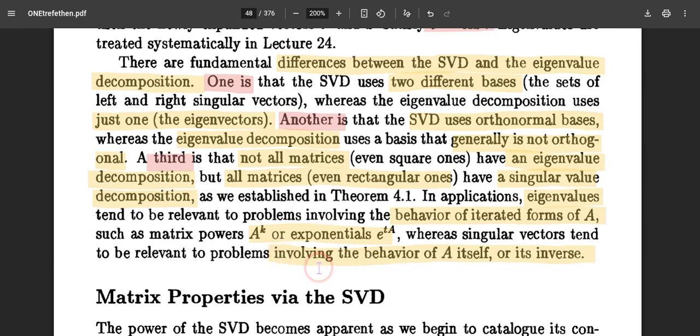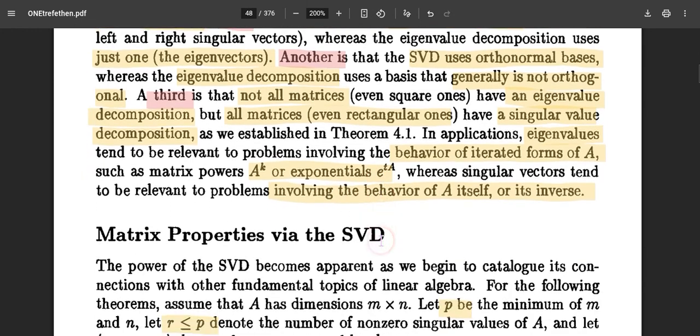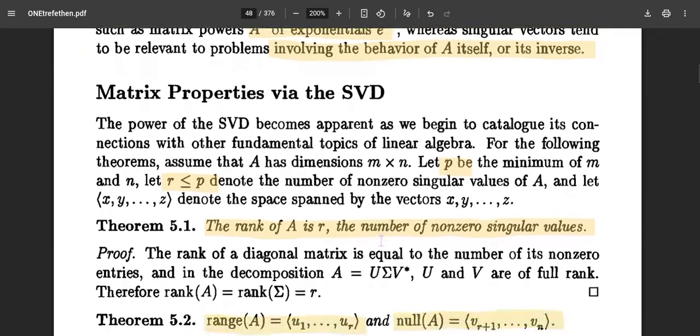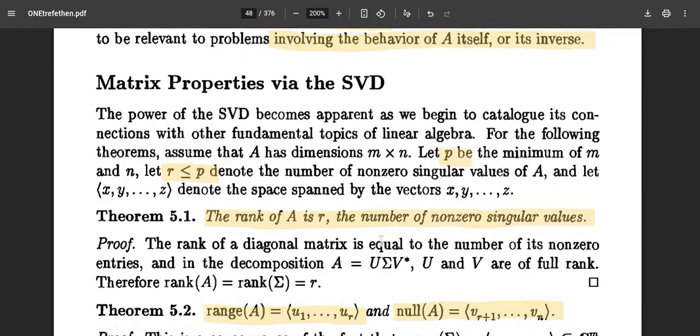Singular vectors are related to the behavior of A itself: how A is represented, its rank, its norm. They help us understand the properties of A itself rather than the properties of A to the power k. So some matrix properties can be understood through the SVD, which is given in various theorems.